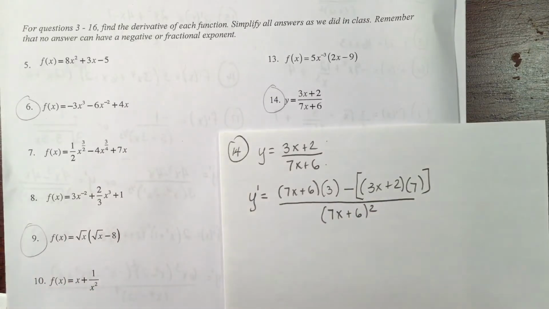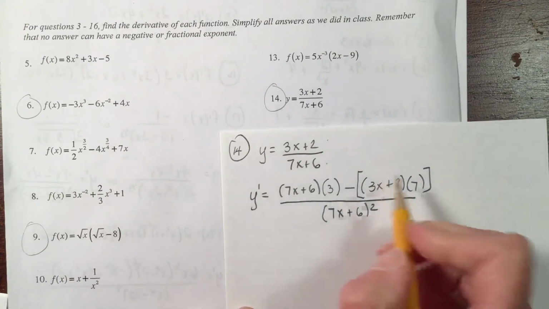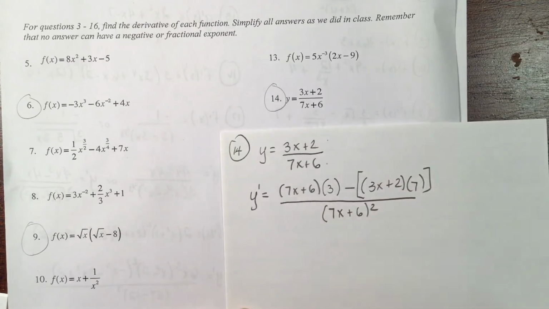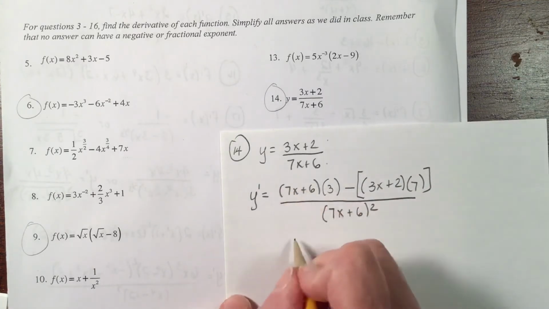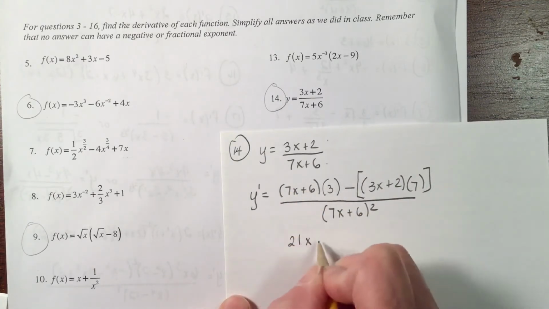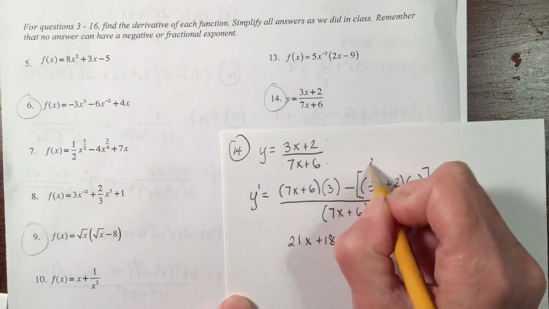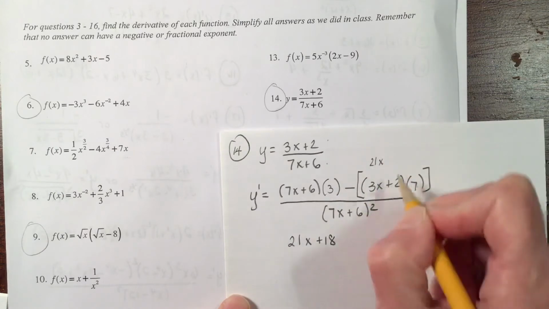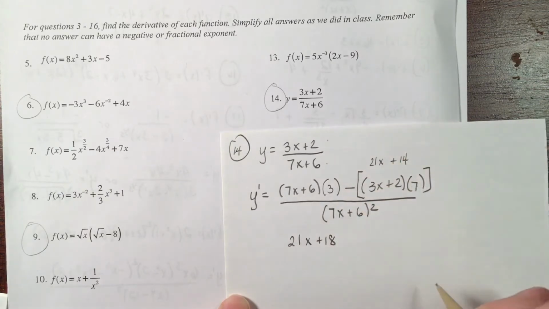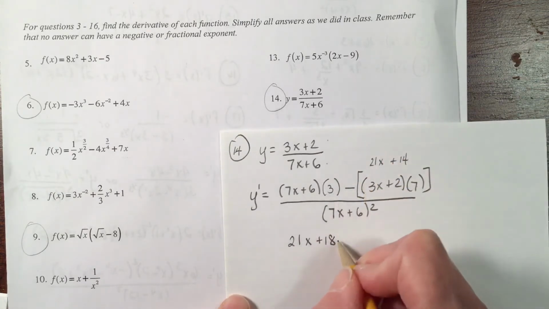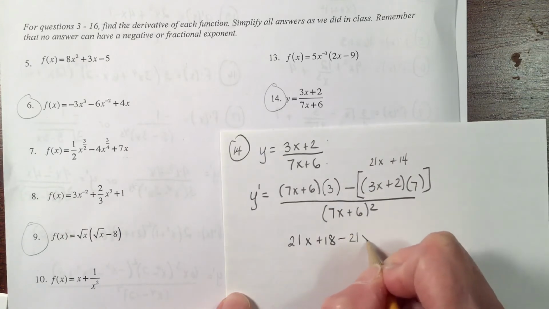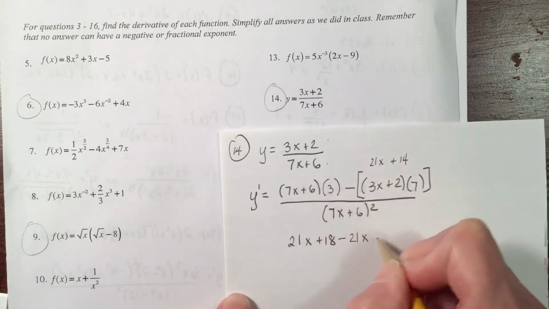Now remember, when we clean this up, we want to kind of clean up the numerator. So I'm going to have 21x plus 18. And over here, I get 21x plus 14. But remember, I'm subtracting this. So I have minus 21x minus 14.